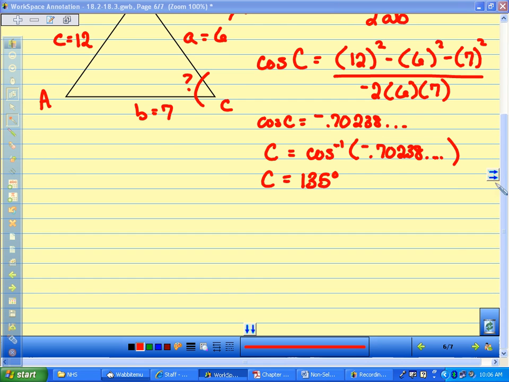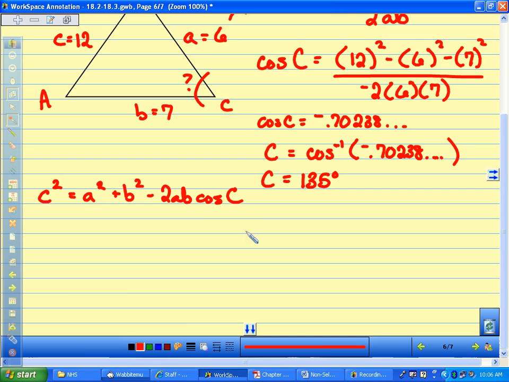We want to find angle C, so we could say C squared equals A squared plus B squared minus 2AB cosine C. So we would say over here 12 squared equals 6 squared plus 7 squared minus 2 times 6 times 7 cosine C. But you've got to be very careful at this point now then, folks.